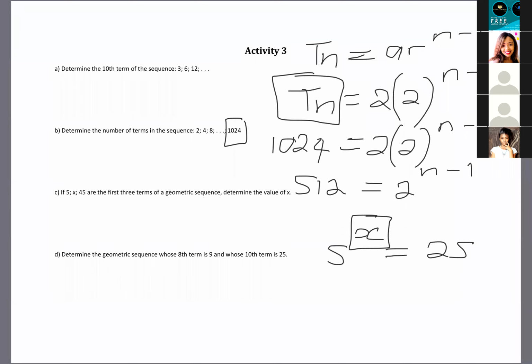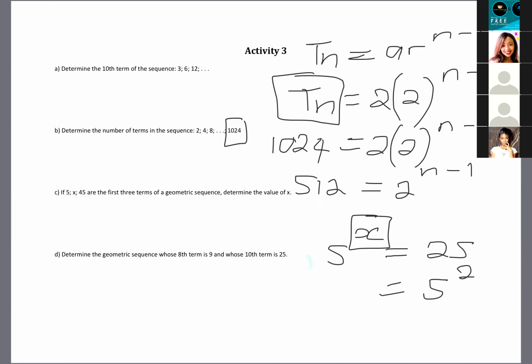Yes, ma'am. I think this is going to ring a bell in a minute. So I know that 25 is equal to 5 squared, right? I can write it like that. Are you with me?